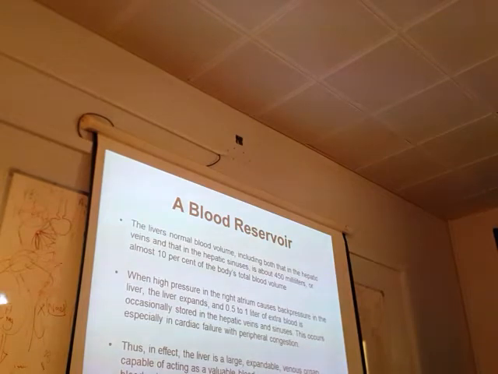At the same time, depending upon what condition the body is in, sometimes the body may be in hypervolemia. What happens at that time is the fluid, the blood, will be accumulating more inside the liver. Let us talk about abnormal conditions, say for example, congestive cardiac failure.